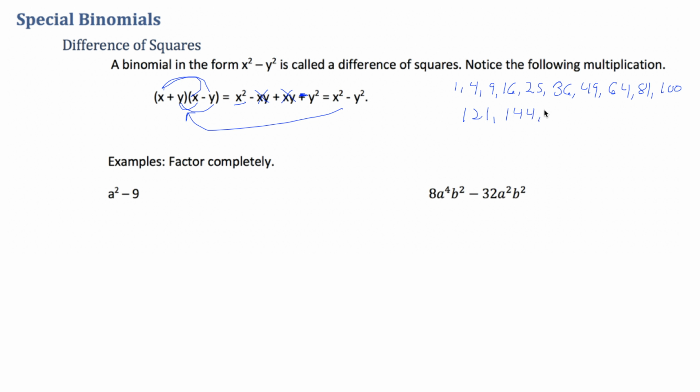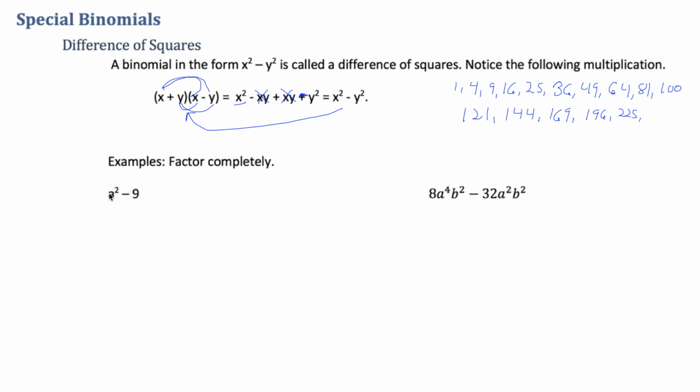Some other ones to be familiar with: 13 squared is 169, 14 squared is 196, 15 squared is 225, and you could keep going, but these are the ones that show up a lot. So these are perfect squares. So if one of these is involved in your binomial, it might be that it's a perfect square.